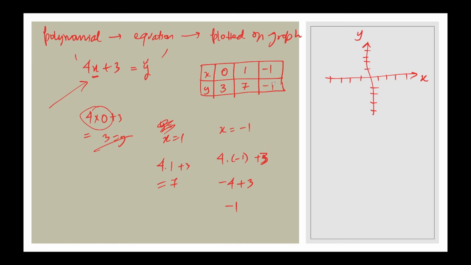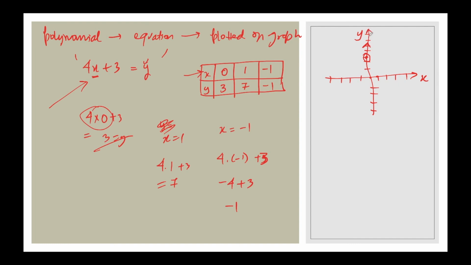Now we need to plot this. When the value of x is 0 and the value of y is 3, x is over here, the value of x is 0, so I will be at this point, and y will be 3, so 1, 2, 3 will go over here. This is my first point. Now when the value of x is 1 and y is 7, that's too far, right? 1, 2, 3, 4, 5, 6, 7.